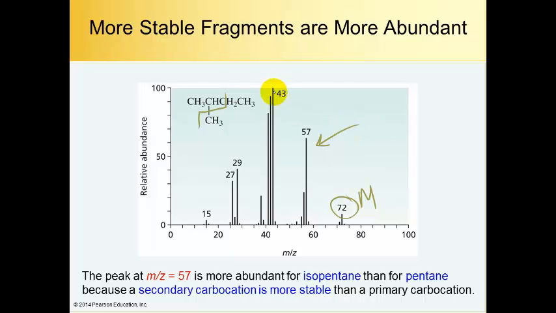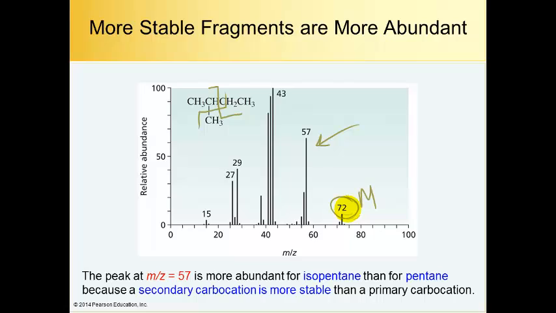And then for the 43 peak, you can imagine breaking this bond right here, breaking off an ethyl group, giving us a secondary carbocation as well. So you can see through the fragmentation pattern that it's possible to determine the constitutional isomers from one another, because of the way the fragments break.